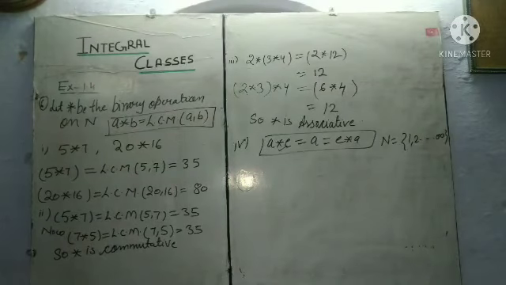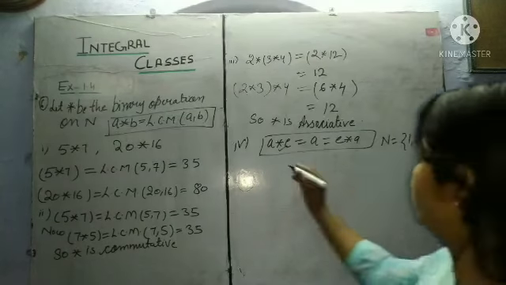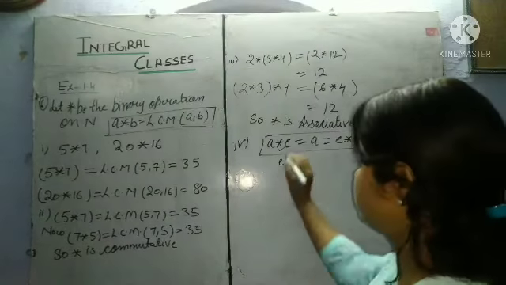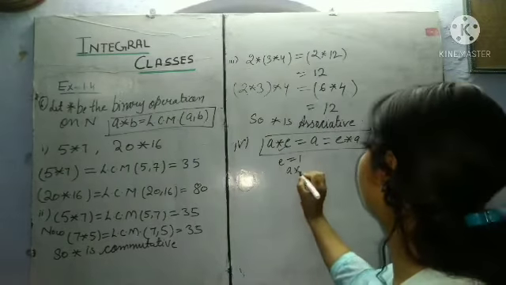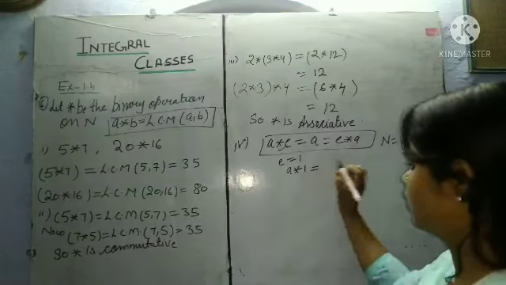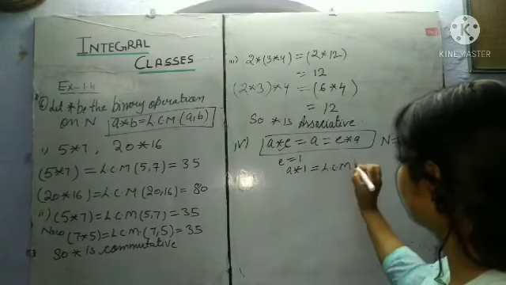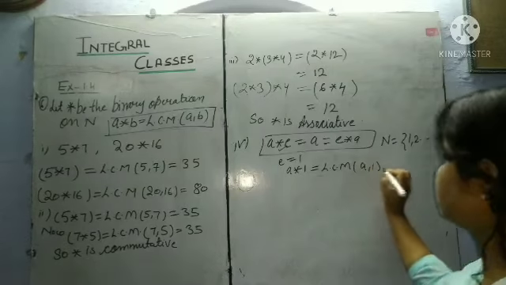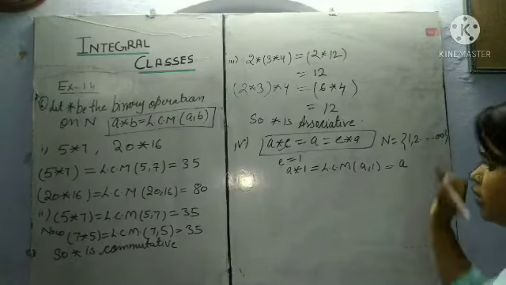Suppose we take e equal to 1. Then a star 1 equals what? The LCM of a and 1. So the LCM of a and 1 should be a.